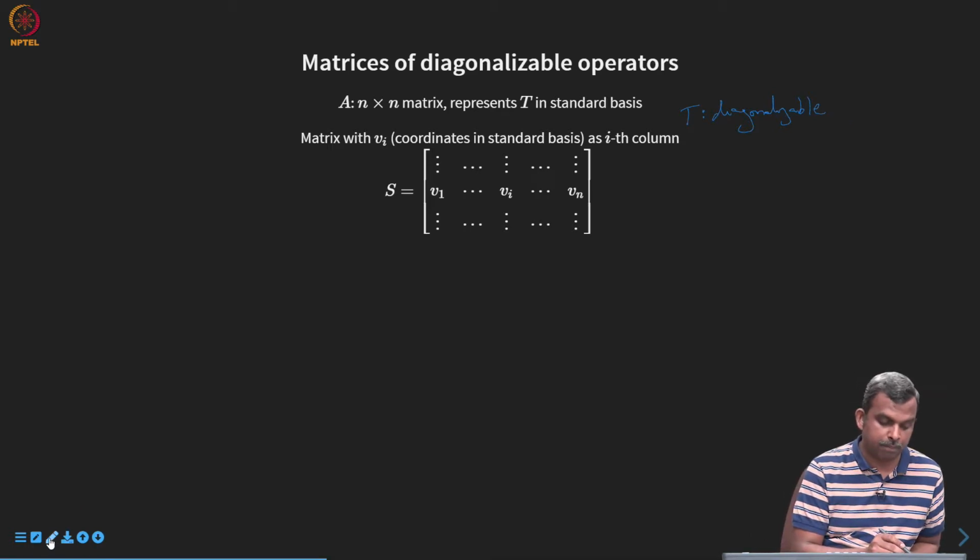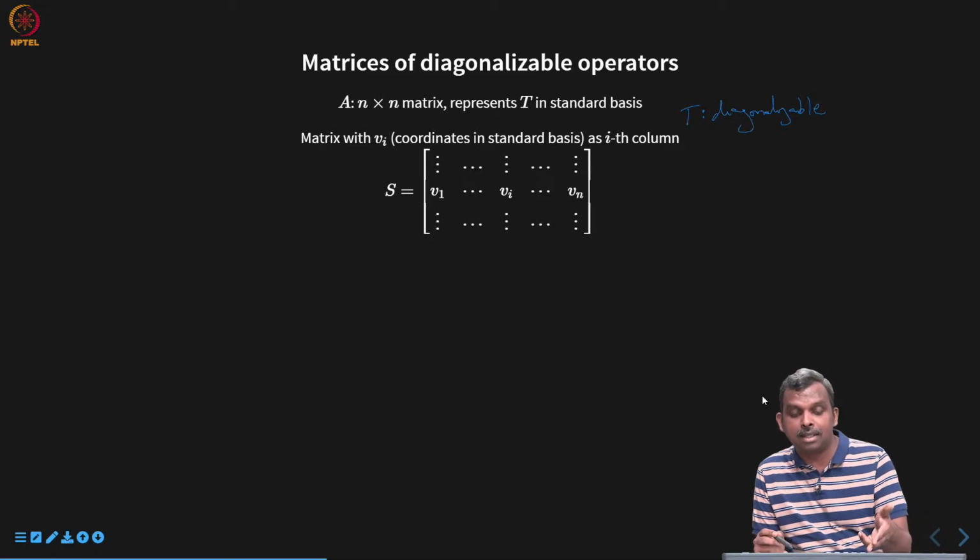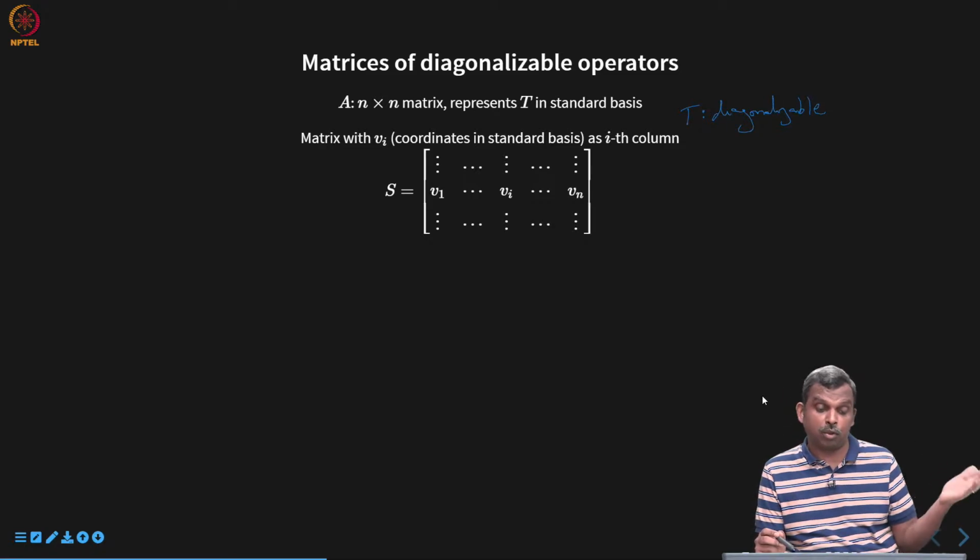Something to keep in mind. The Vi's are the eigenvector basis, just like before, T is a diagonalizable operator, and A is the n by n matrix in the standard basis.